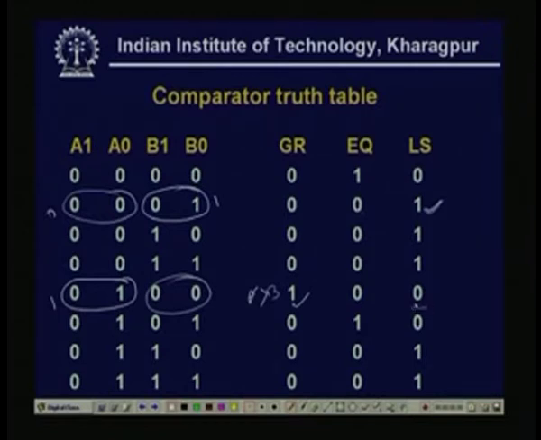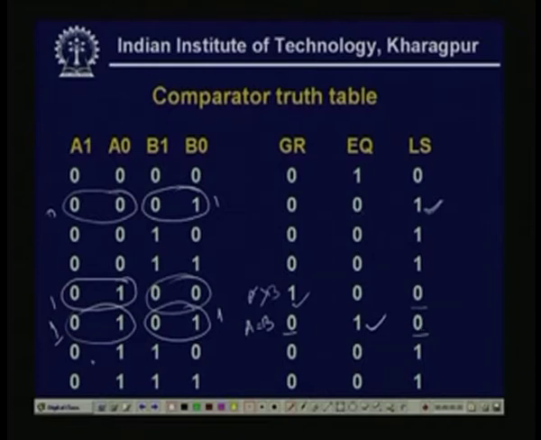Now say the next one, 0 1 0 1, the value is 1, 0 1 the value is 1. So, A equal to B, my EQ line will produce a 1, that means equal is true, whereas the greater and the lesser are false, means they are producing a 0.